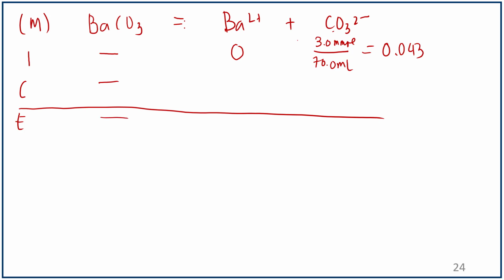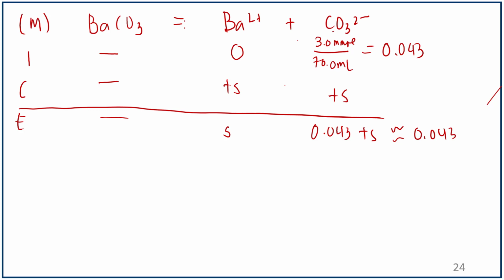And then this will be plus S. So at equilibrium this will just be S, and this will be 0.043 plus S, but that S value must be very small, so we can just assume that this is equal to 0.043. Then from there we can use the Ksp value of barium carbonate to calculate S.